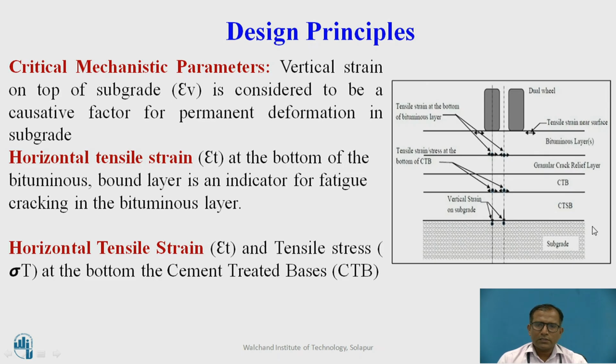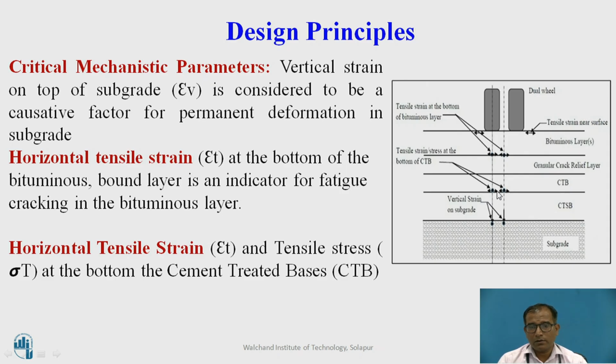If you are going for other layers like cement treated subbase or cement treated base, there also at the top of the cement treated subbase we can have another critical point, where there is a chance of cracks occurring, which is called the critical point.